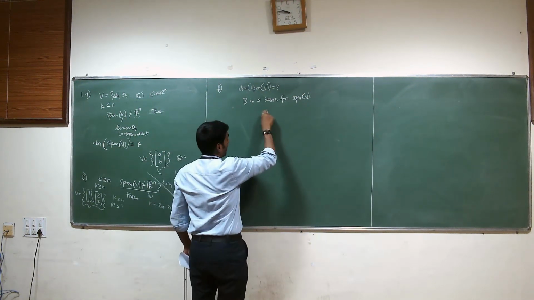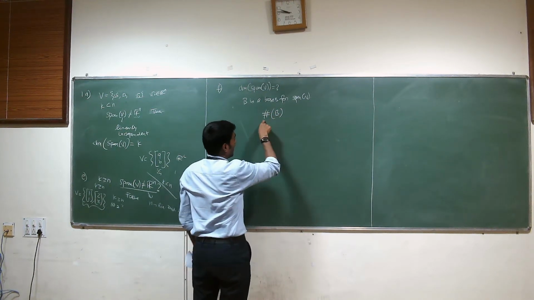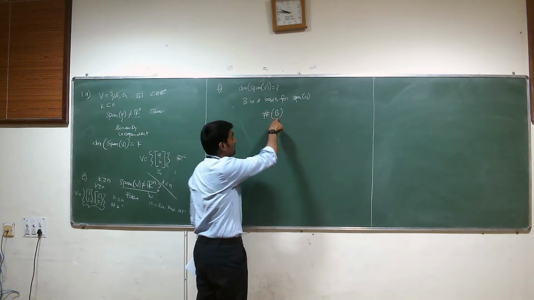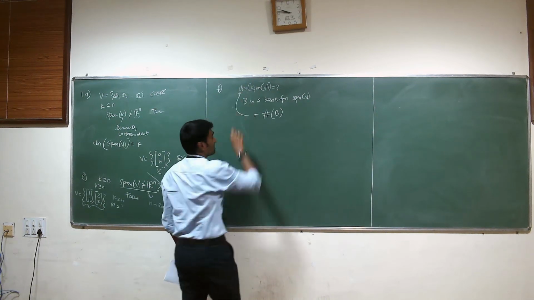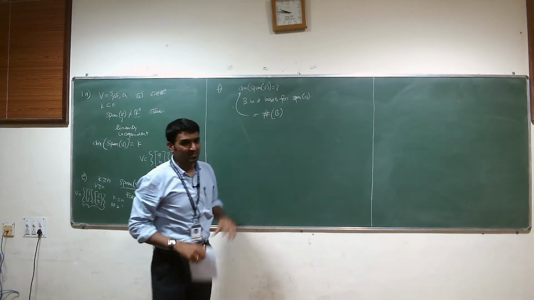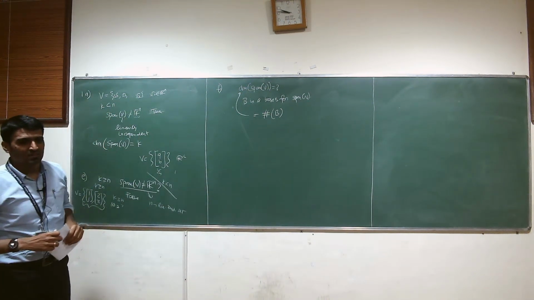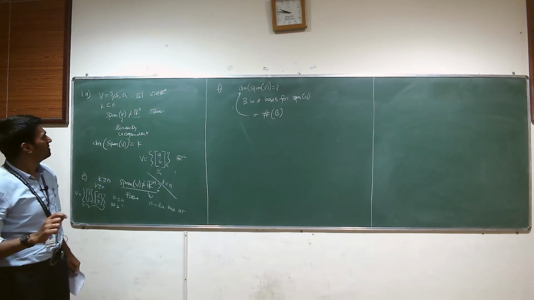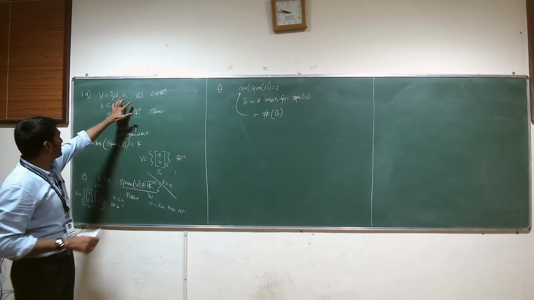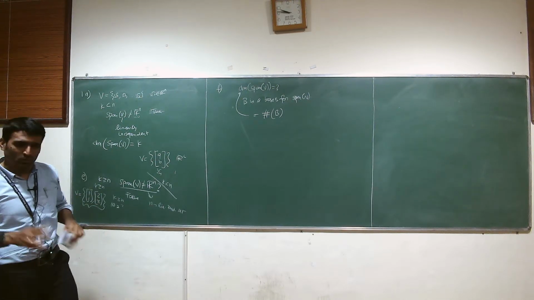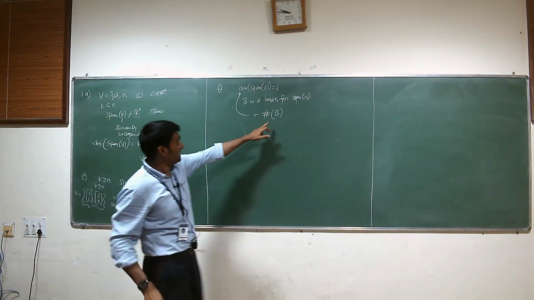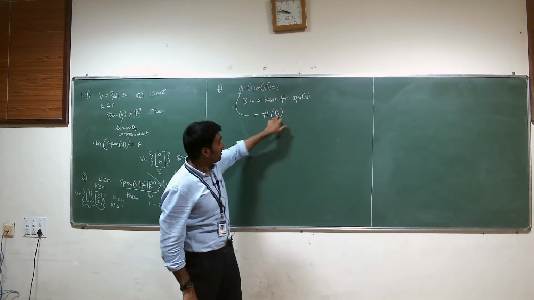Then it is the number of elements in this set. The hash simply means you count the number of elements in B. That will be equal to this. That's fine. But how do you get B? All you have is this set. The question is, how would you find a basis B for the span of V?